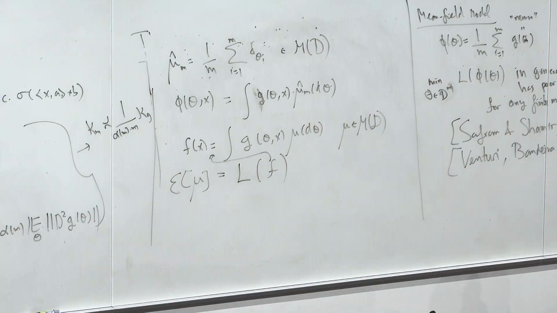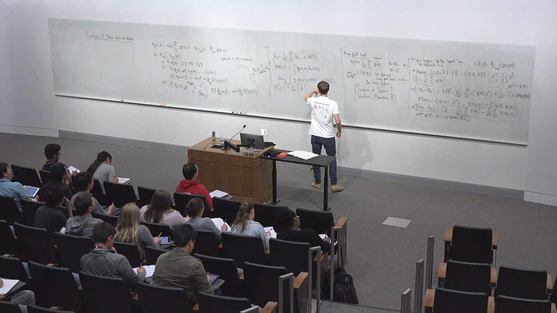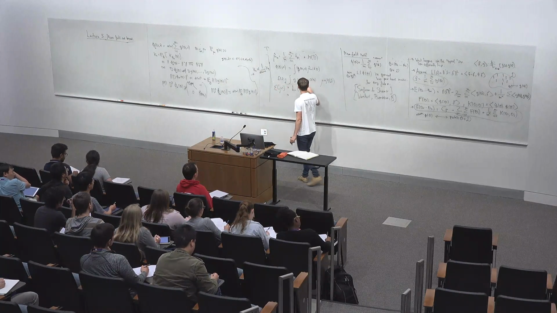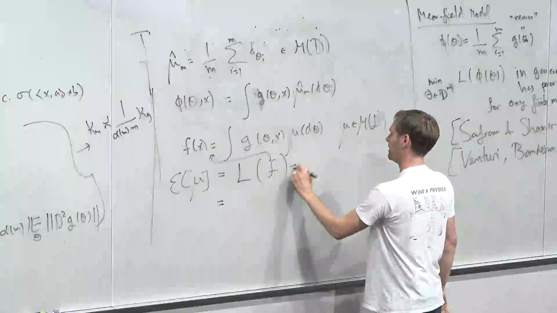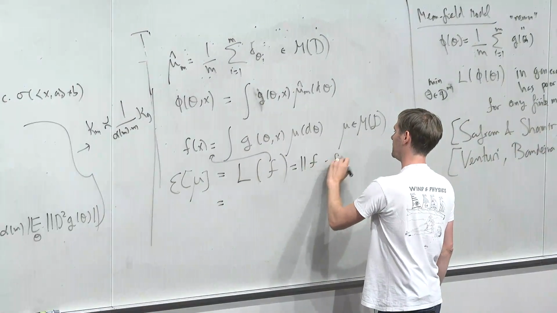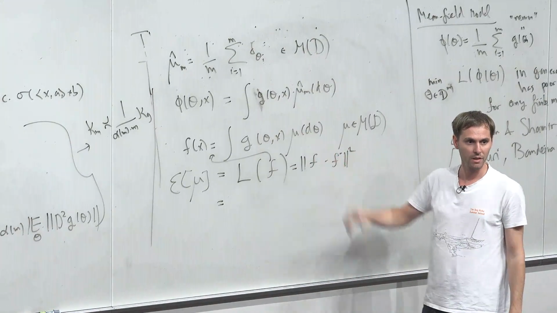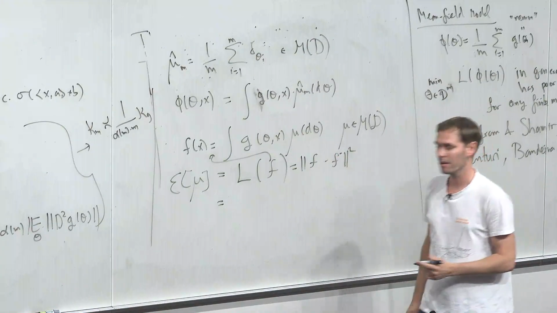Okay? So now we can do the exercise together. If we just replace, right? So remember that this is f minus f star squared. And now this f is going to be the integral with respect to mu. So we develop the square. What do we get?